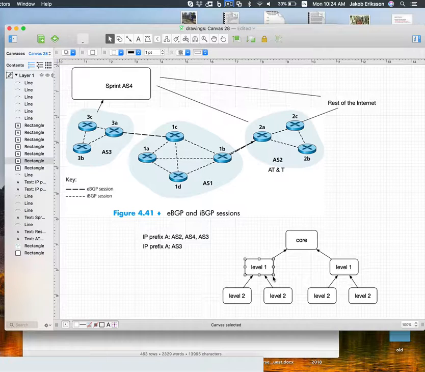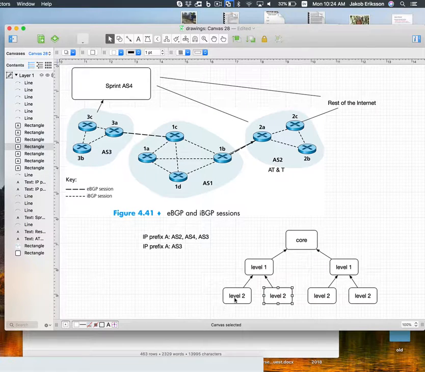But they probably don't have connections to all the other level 1 networks, and they perhaps don't have connections to all of the core networks. So they would form a little internet of their own over here, but they purchase service for the rest of the internet from the core.